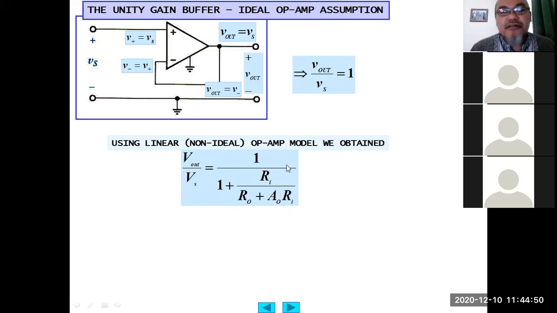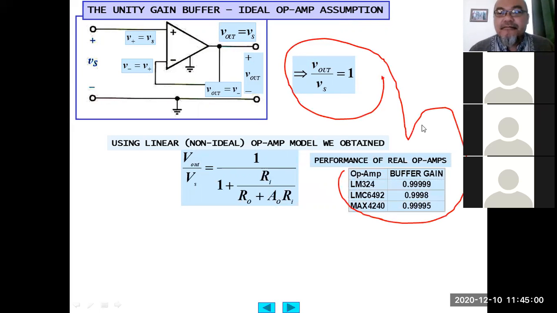So this term usually will not be 0, so V output over Vs will not be 1. That is the non-ideal op-amp. So in a real op-amp, the buffer gain is not 1. Instead, it will be 0.999 or less than 1 because AO is not infinity.